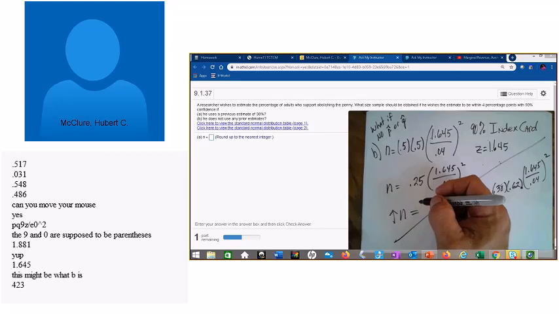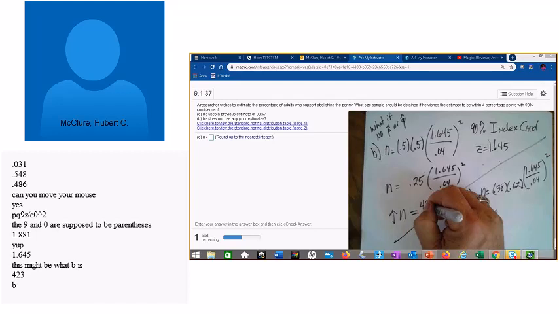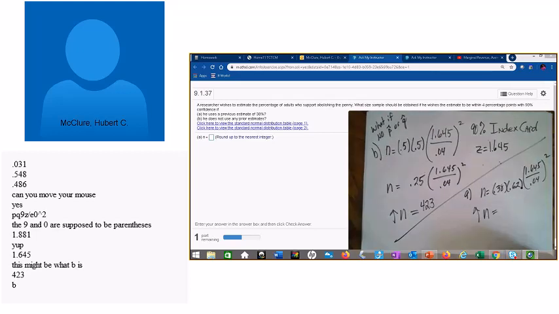Okay, which one's which? 423 is B. 423 is B. And 1645, oh, that's 1.645. All right, what's A?